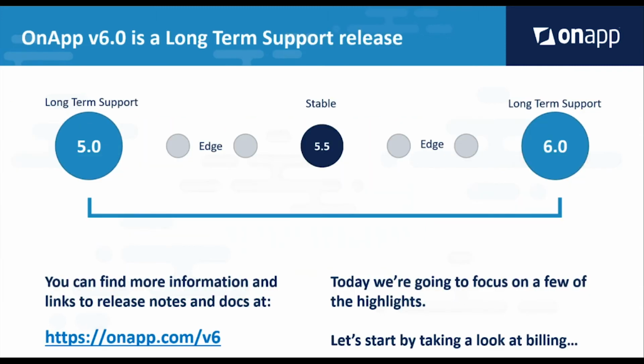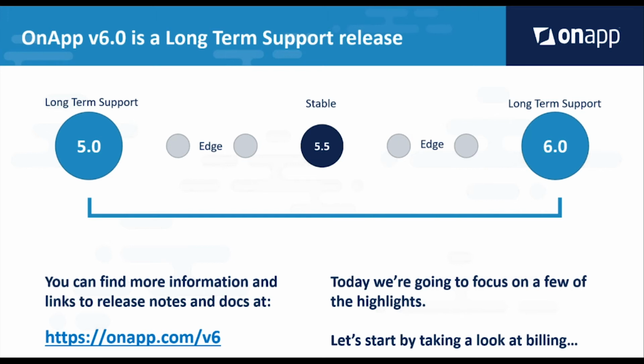OnApp version 6 is the latest long-term support release, or LTS. The last LTS release was around 2 years ago, with an intermediate stable release roughly in the middle of that cycle. LTS and stable releases are ready for production use. In between the LTS and stable releases, we provide additional edge releases, which include new features, new functionality, and beta functionality.